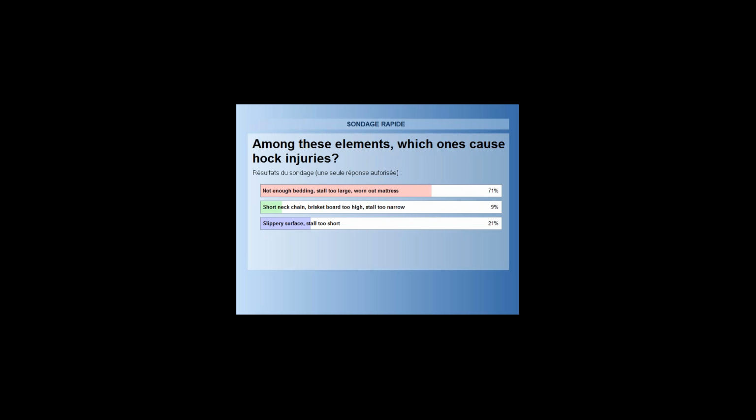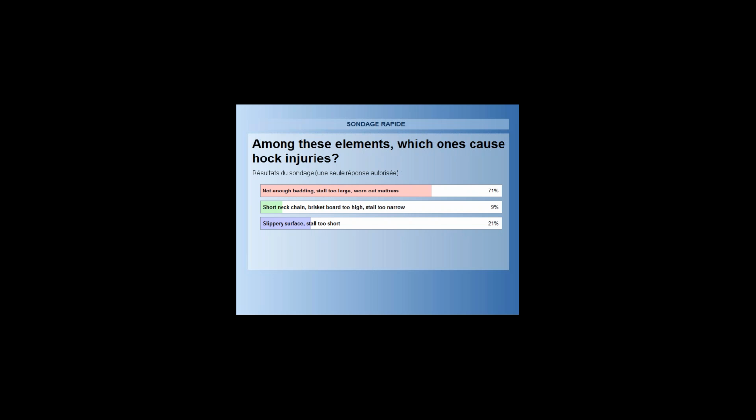So if we've got a stall with very little bedding and they're rubbing on something quite abrasive, whether that's hard ground, concrete, or even hard mattresses, without any cushion in between, we have good data to suggest that we're going to increase the risk of hock injuries in that situation.